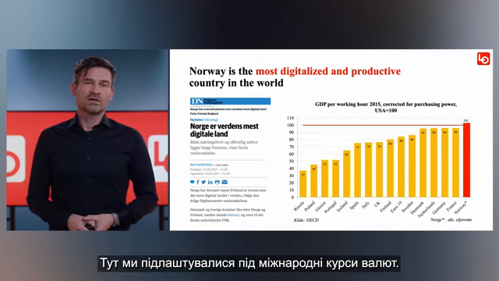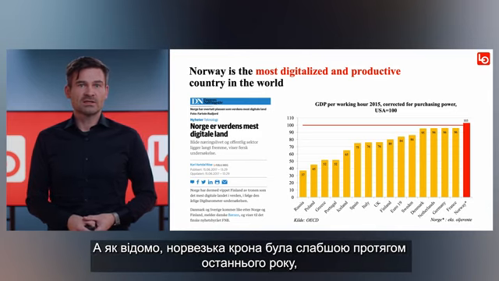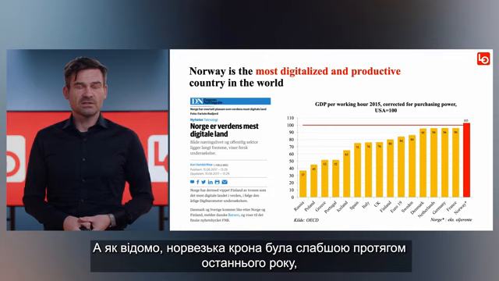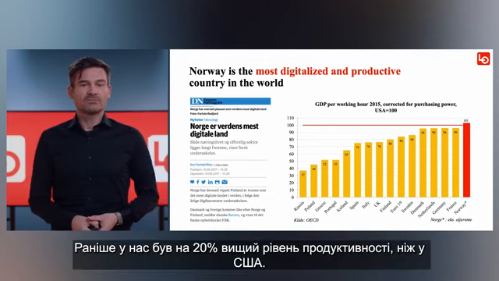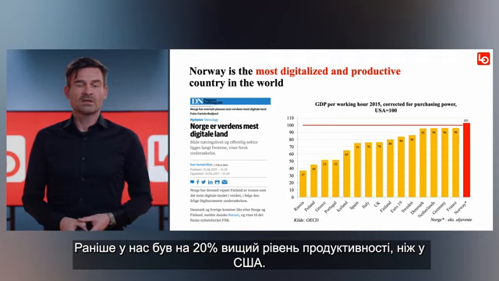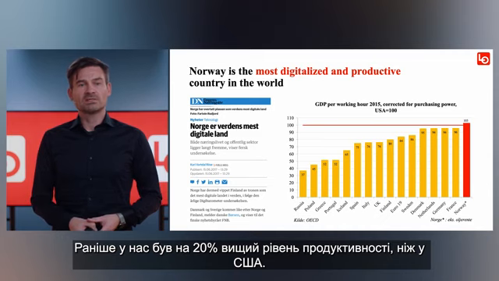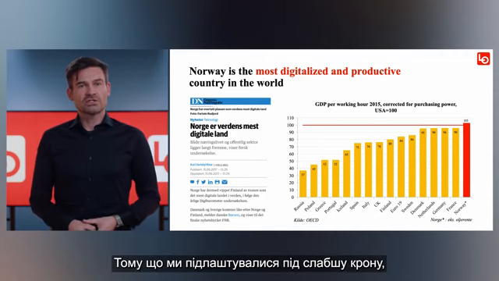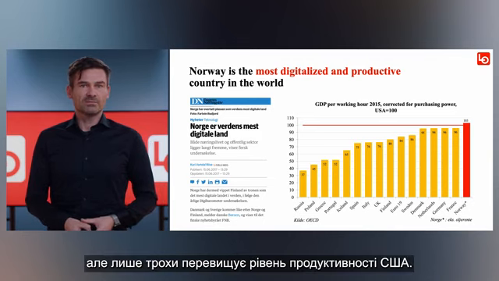Here we have adjusted for international exchange rates, and as you know, the Norwegian krone has been a little weaker in recent years because oil prices have fallen. Before, we had a 20% higher productivity level than the United States. Because we have adjusted for this weaker krone, we can see that it's still above, but just a little above, the United States productivity level.